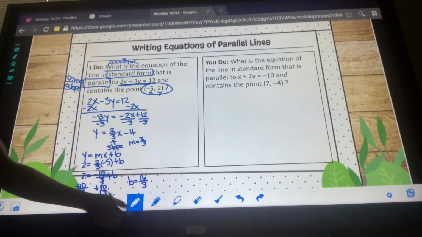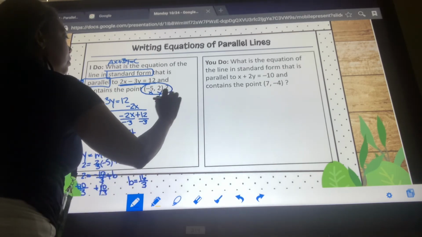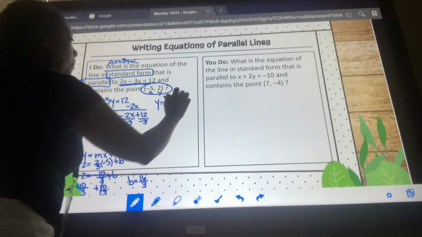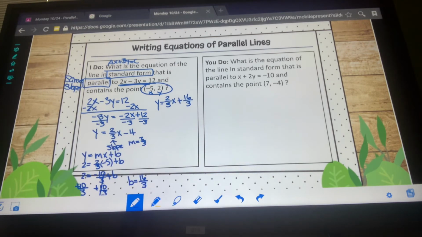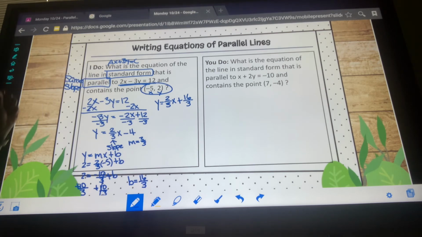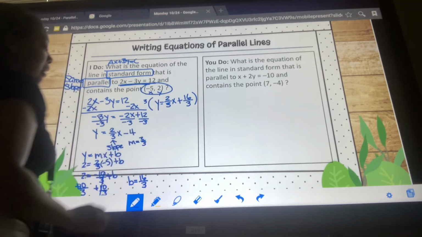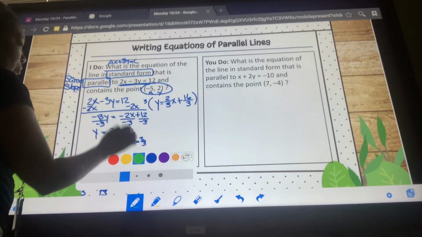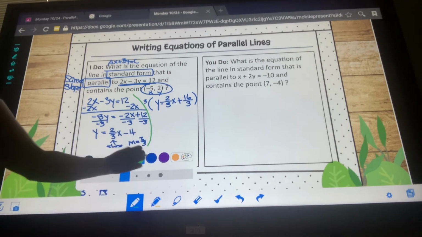So m and b, put it together, have y equals 2/3 x plus 16 over 3. But it didn't ask for slope intercept, it asked for standard form. So now I need to get rid of the fractions. Remember, to get rid of fractions, we multiply by the denominator. Draw a little green line here so you know not separate.